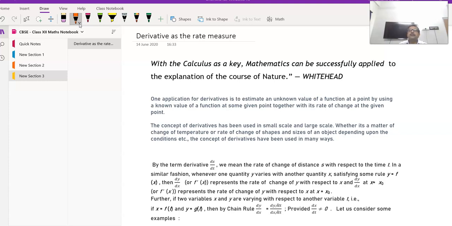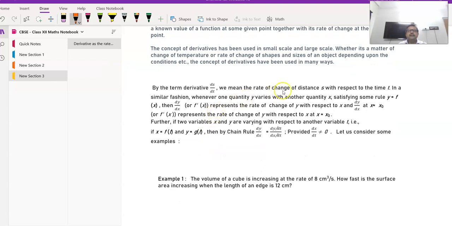The meaning of dy by dx, as you got in class 11 syllabus, was that dy by dx means rate of change of y with respect to x. So if there is a term like ds by dt, what is the meaning of this? It means rate of change of some quantity s with respect to time.